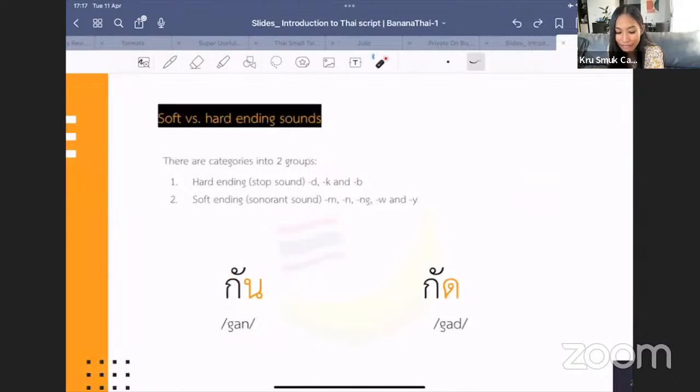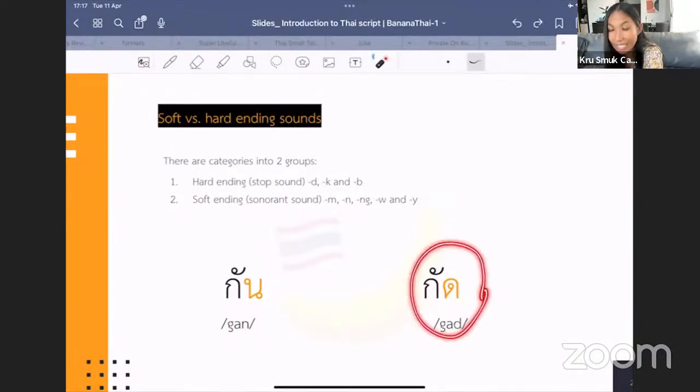This one is soft and hard ending. So soft and, well, I explain to you very quickly, maybe not go through all of this, but what I mean by that is n is soft ending because the sound goes on. It's not stop, but it can go on and close very slowly, like gan. We call it soft ending.